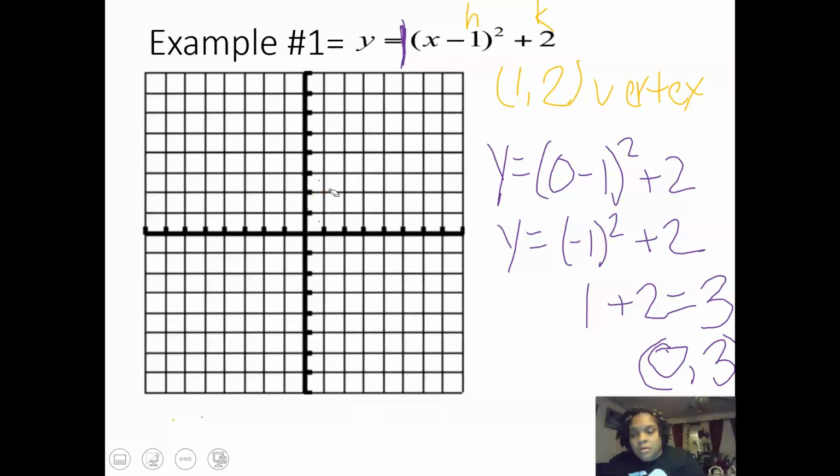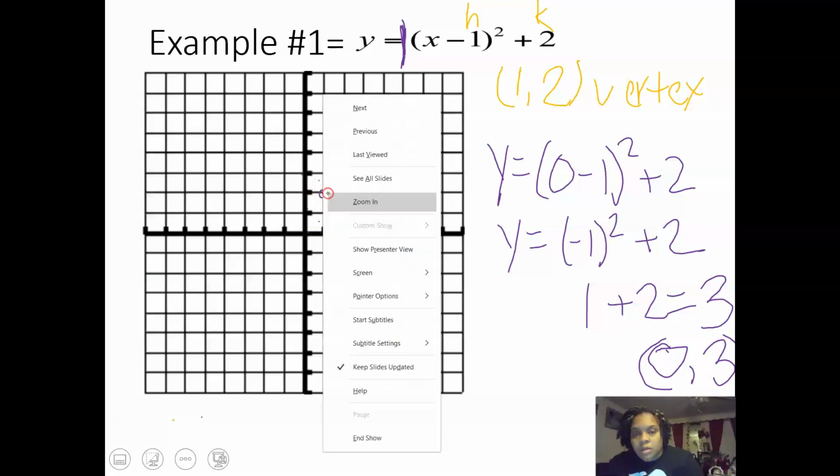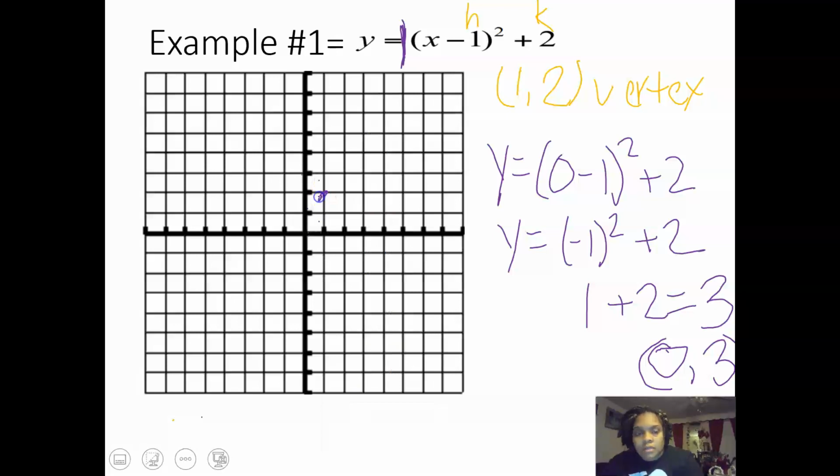My pencil is not working. Sorry, I got quiet. So it's 1, 2. Okay. So there goes the vertex.